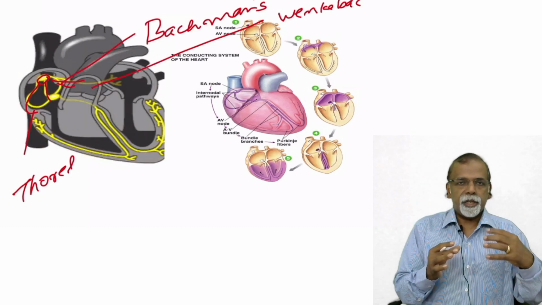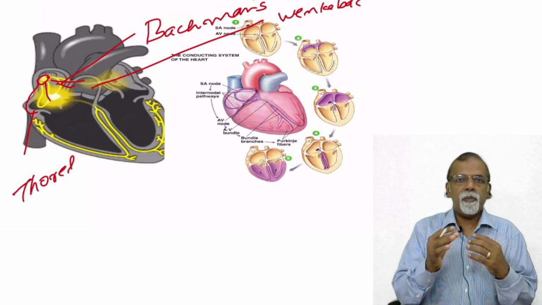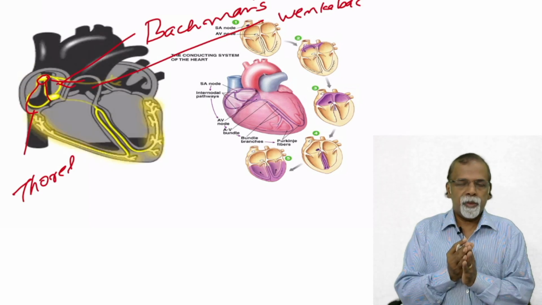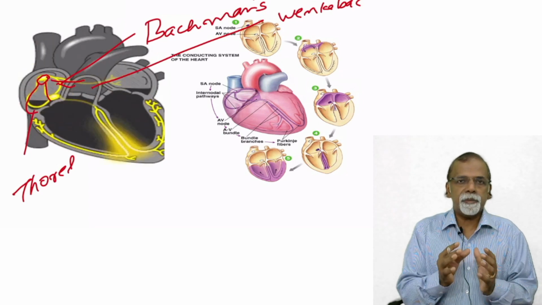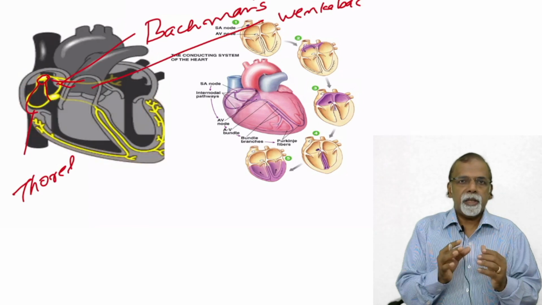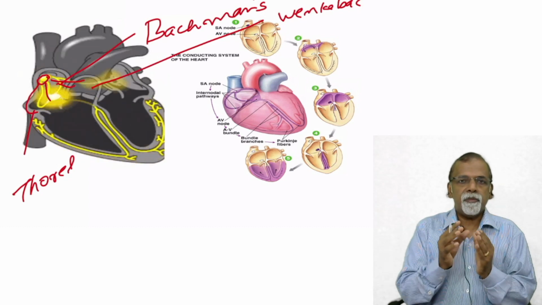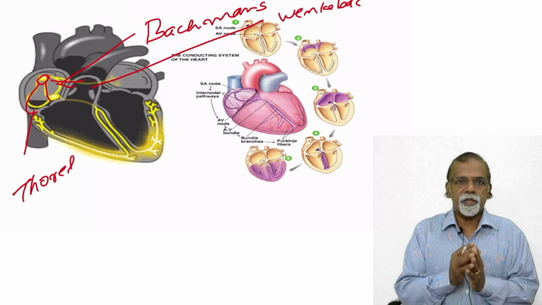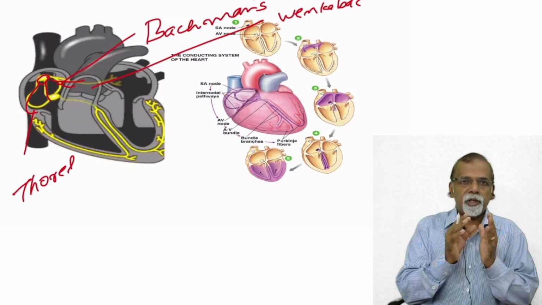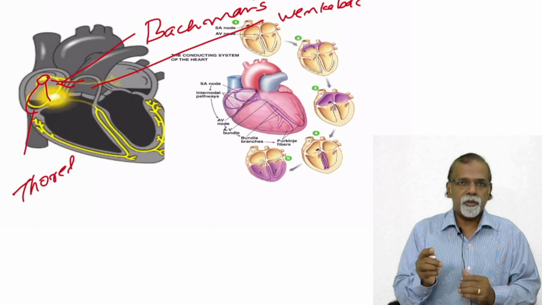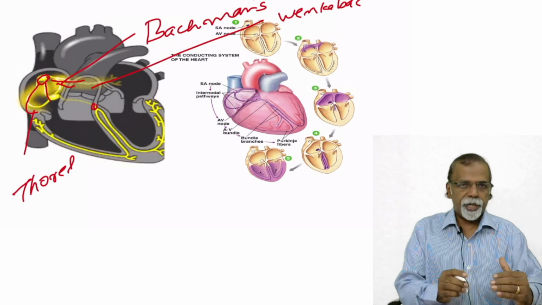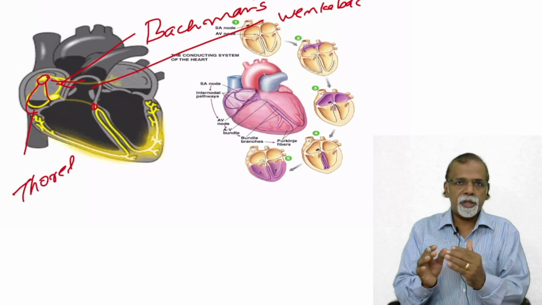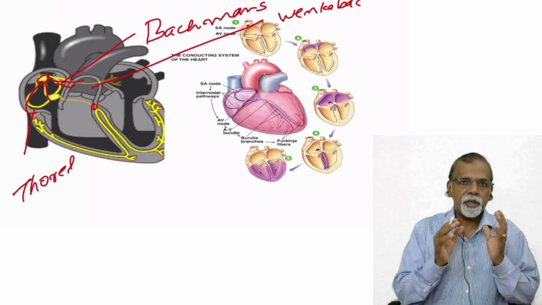The contraction of the atria occurs first, followed by that of the ventricles. Even though we understand that the heart is a syncytium, it is to be remembered that the atria are insulated from the ventricles by fibrous tissue, and the only place where the impulse can pass down is the AV node. So from the atria, the impulse cannot reach the ventricles except through the AV node.